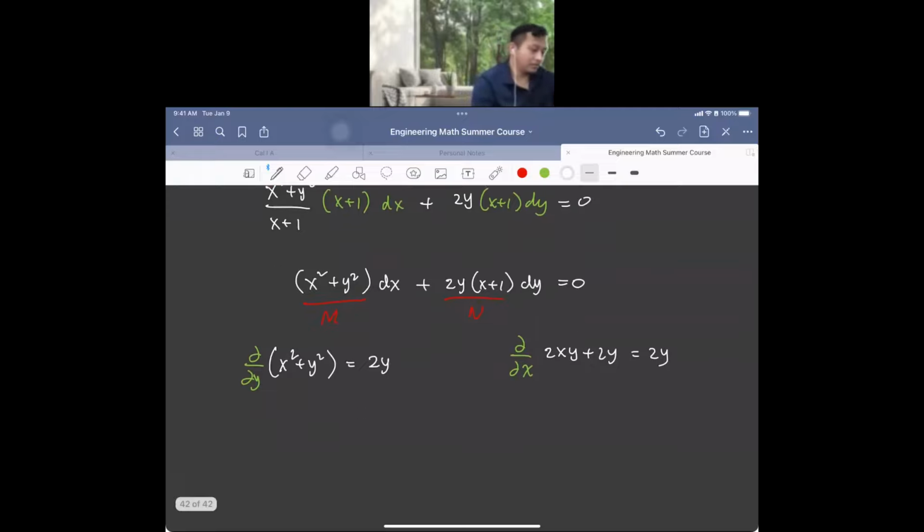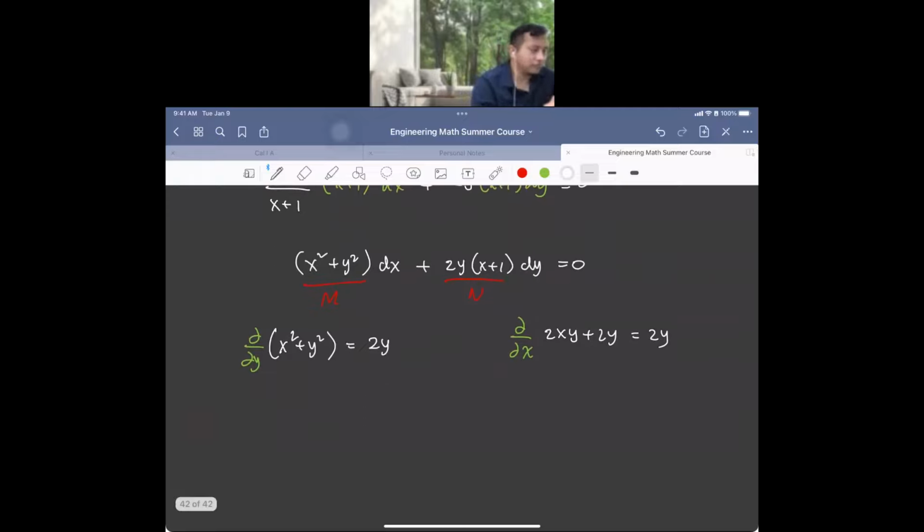Exact. Now we can take the integrations. Let a function f be equal to the integration of x squared plus y squared with respect to x. This becomes 1 over 3 x cubed plus xy squared plus g of y.